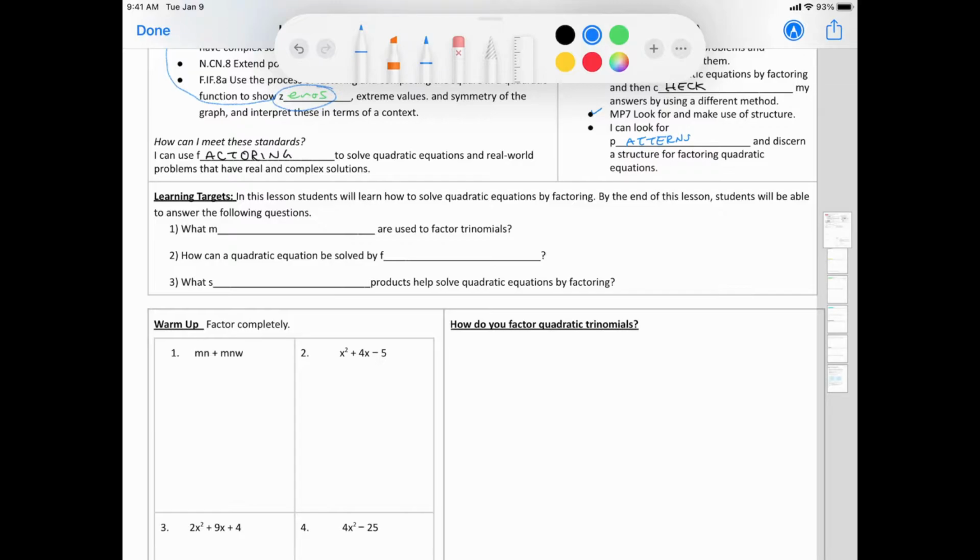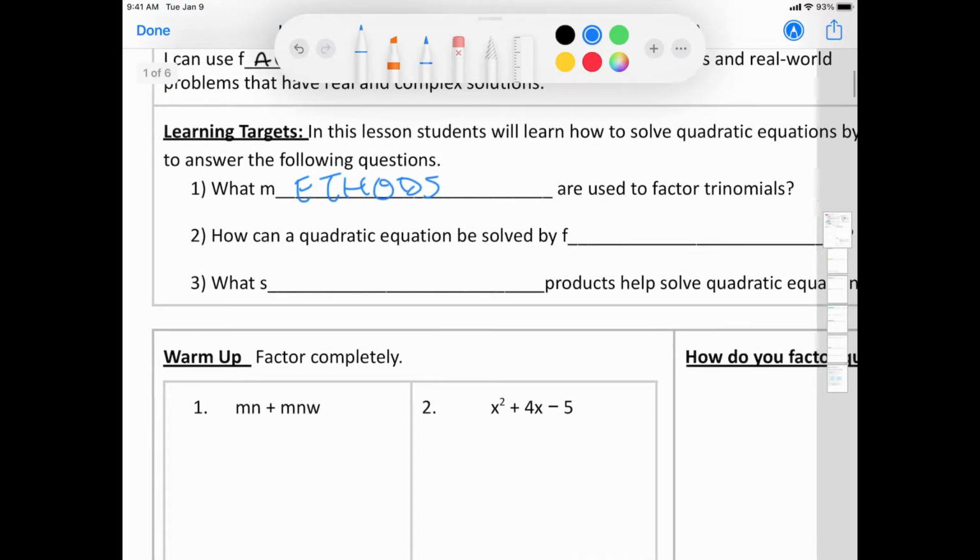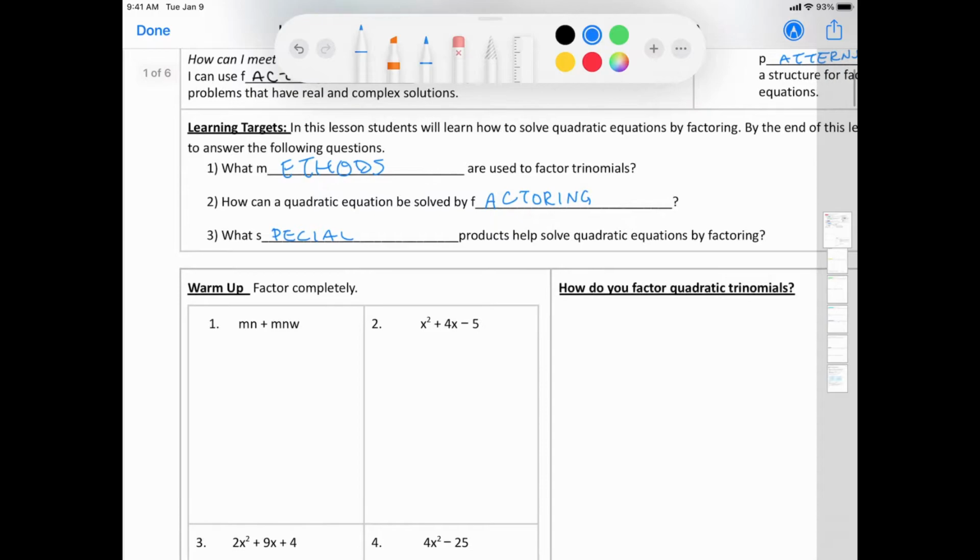Number 1, what methods are used to factor trinomials? Number 2, how can quadratic equations be solved by factoring? And number 3, what special products can help solve quadratic equations by factoring?